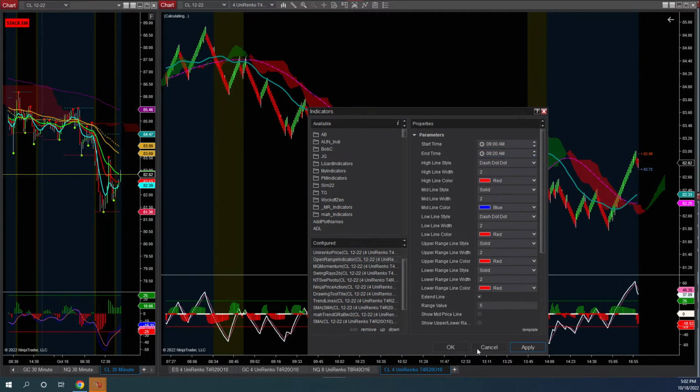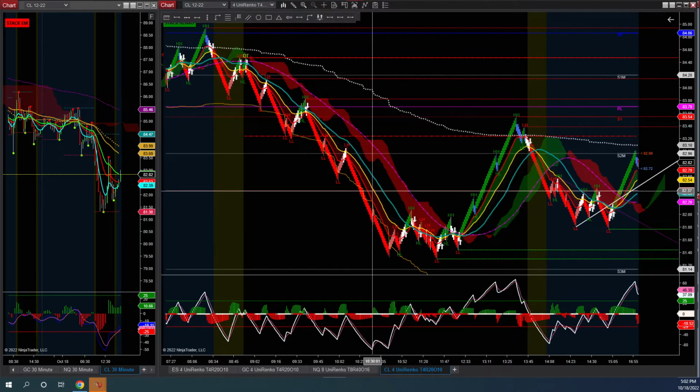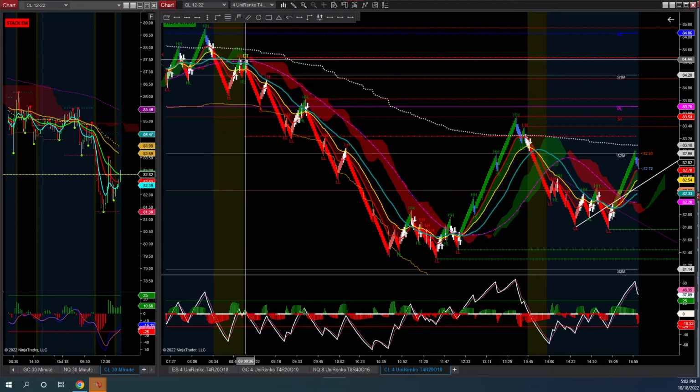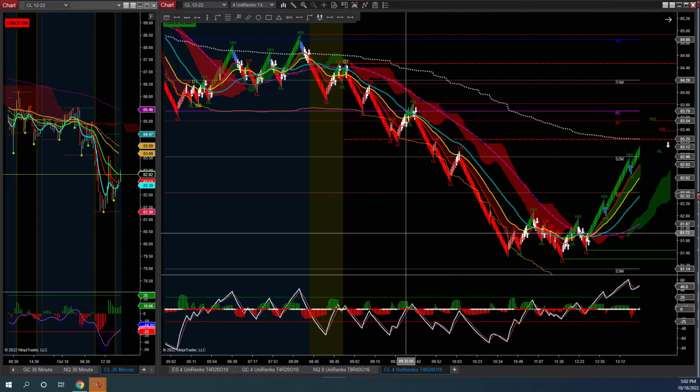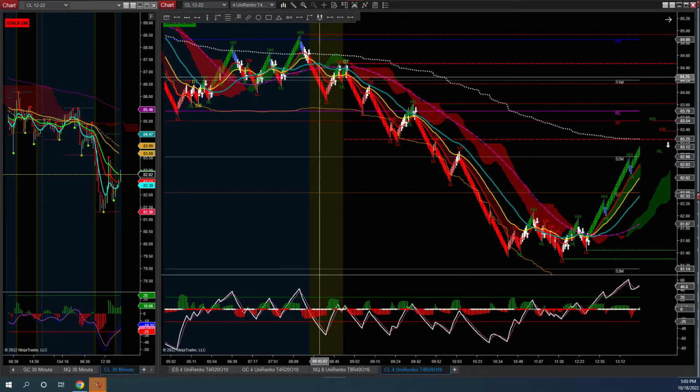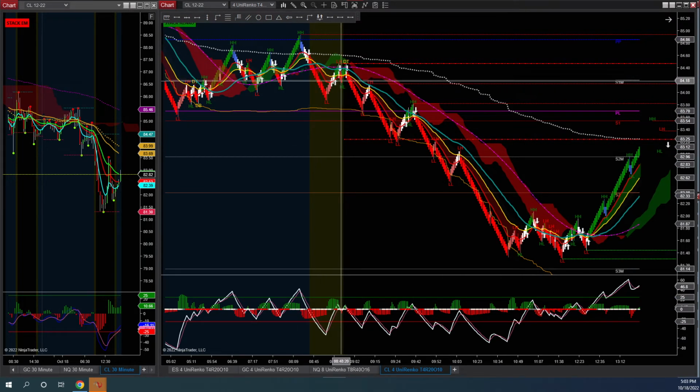Okay, and now we do have the opening range. So market open, and in here again you can see that there is a bearish entry right there before the market opened, but then it failed.